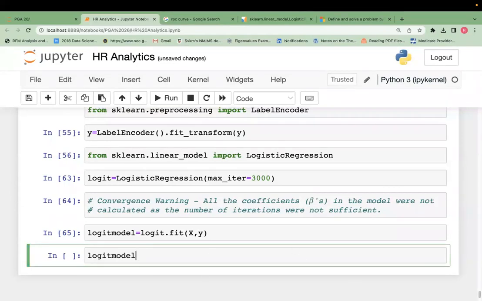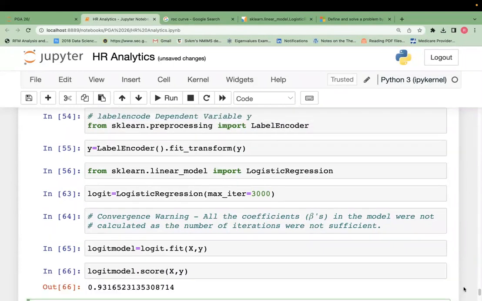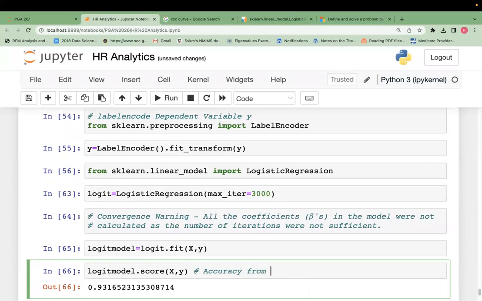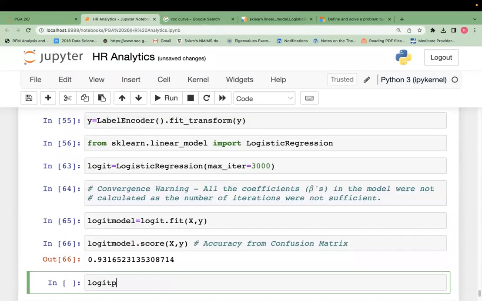Logic model dot score. Now what is this 93.16? This is accuracy. Now logic model dot predict.